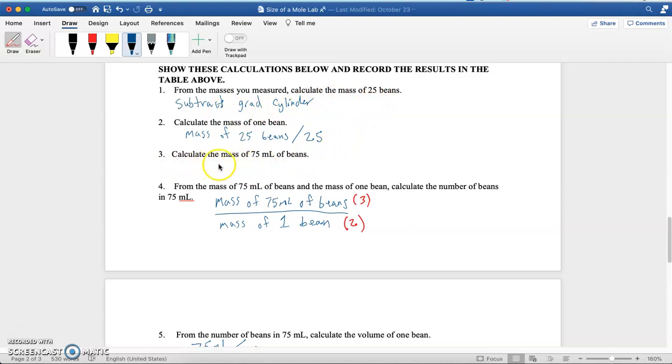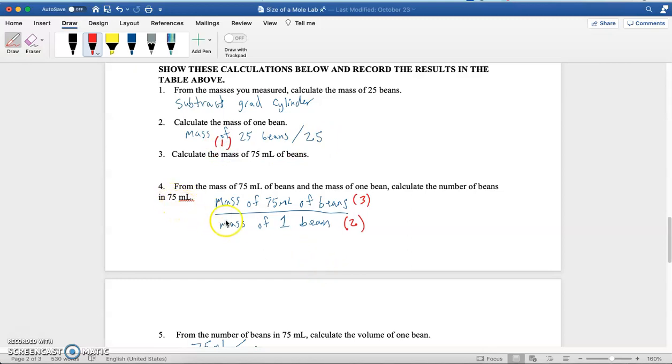The same thing is true for number 3. You take the mass with 75 milliliters of beans, subtract out the mass of the graduated cylinder. Now to calculate the mass of 1 bean, you take your mass of 25 beans, which is your answer from number 1, divided by 25.